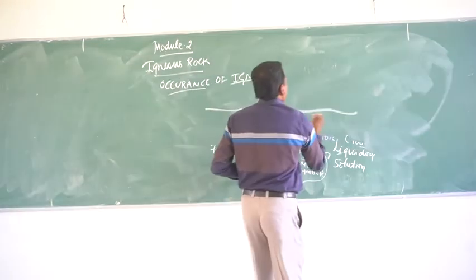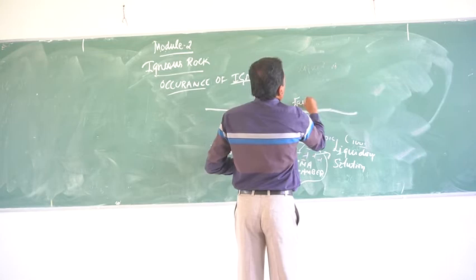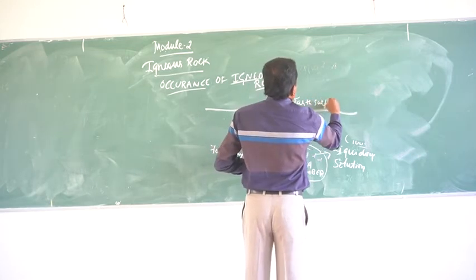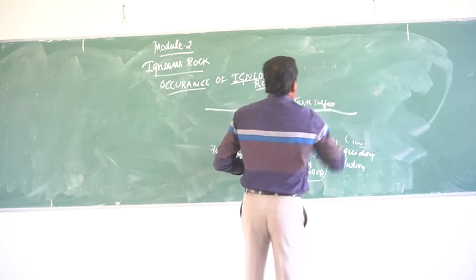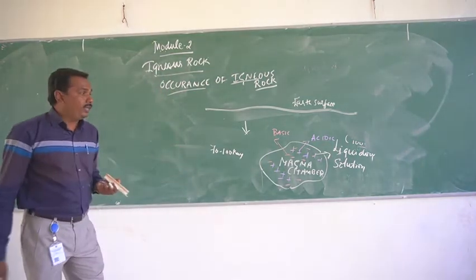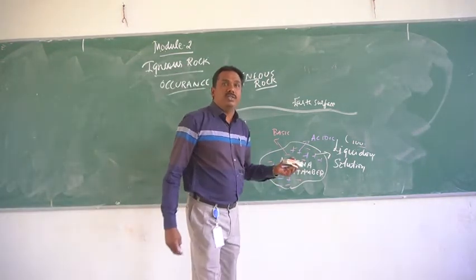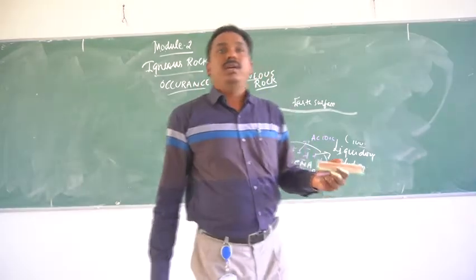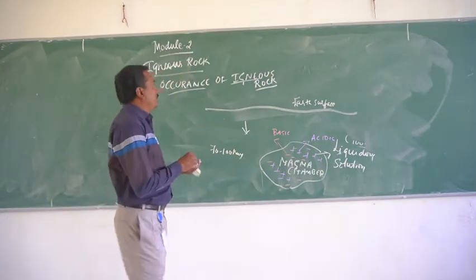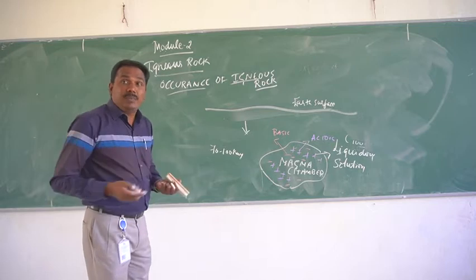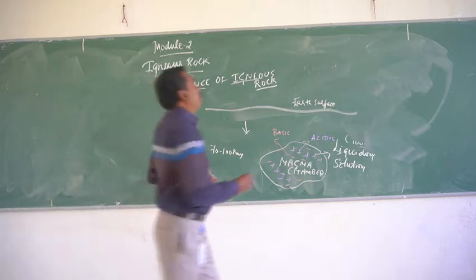I will keep this figure as it is. This is the earth surface. We all know how the igneous rocks have been formed. They are formed beneath the earth surface. When the magma cools, it solidifies. In the occurrence, it is again subcategorized into two parts. What is that?